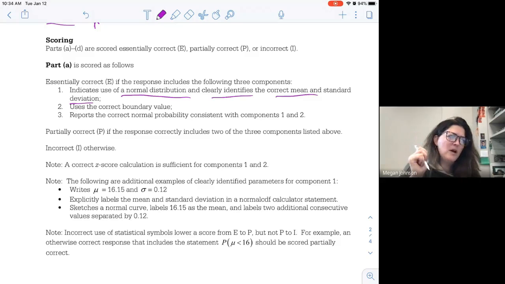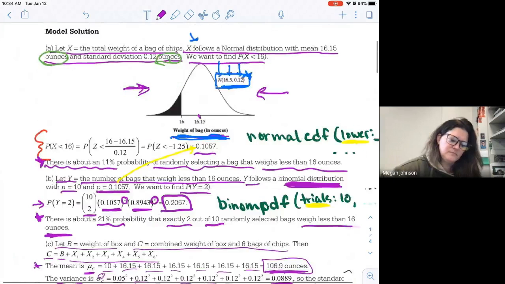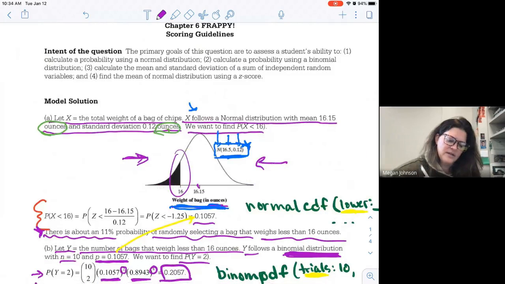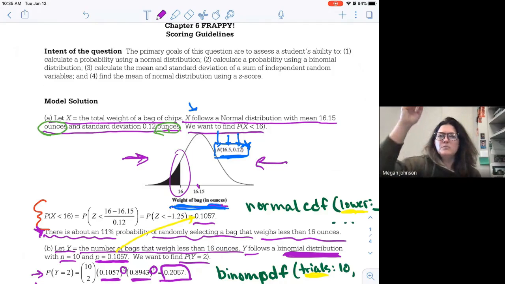Uses the correct boundary value. That comes from that graph. This right here. That's what they mean. So they want to see that you marked off your boundary, you shaded the correct direction, and you labeled what that value was.